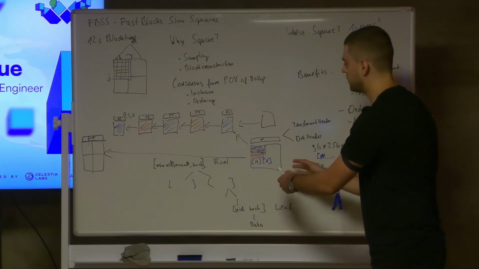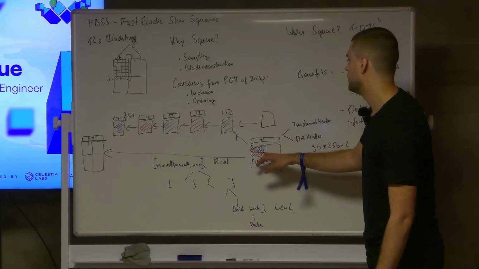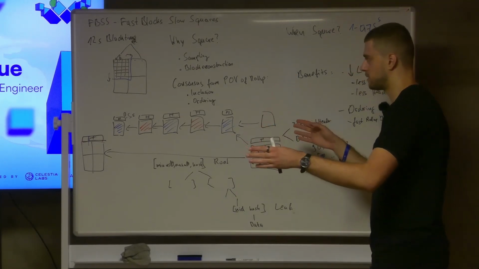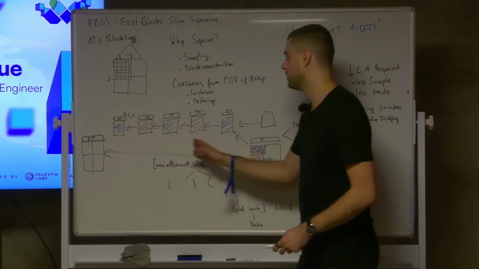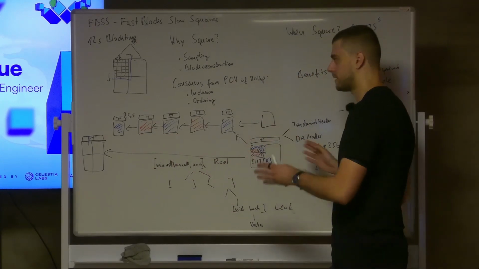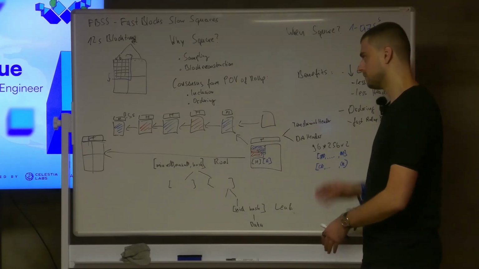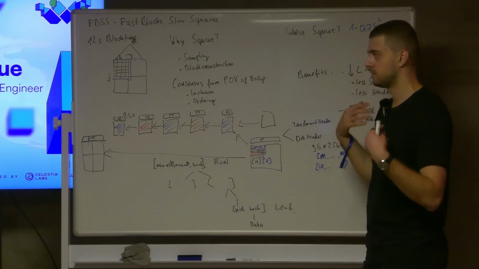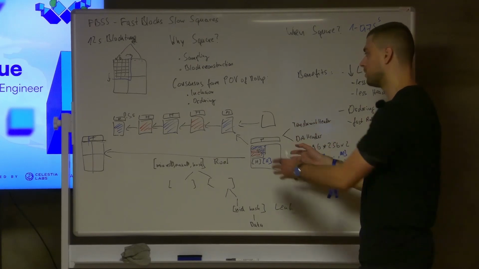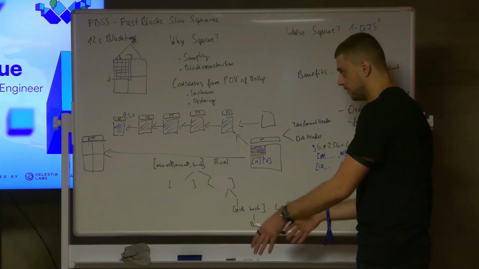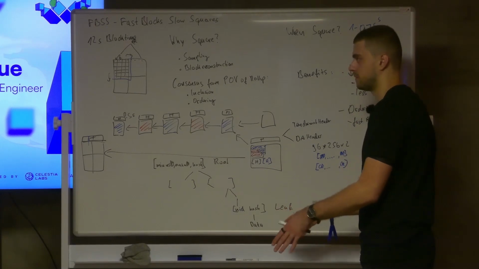So what you have here is one namespace of all blocks, then the next namespace of all blocks, and so forth. So when an API calls for a square, you would get the full proof over your namespace.